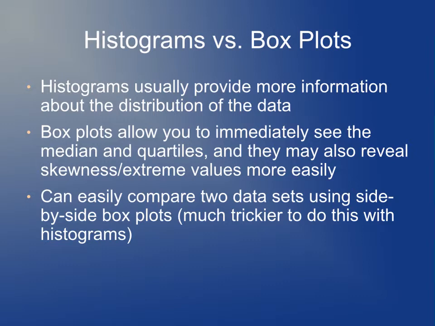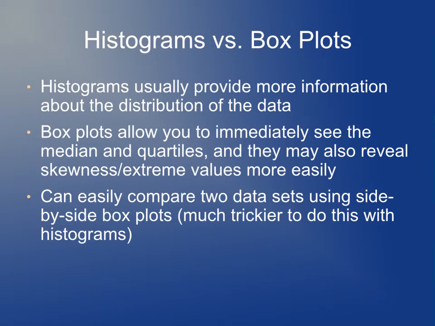So when should you use histograms and when should you use box plots? They're both useful. Histograms generally give you more information about the overall distribution of the data, if you want to see if it's generally symmetric or badly skewed. That's harder to see on a box plot.